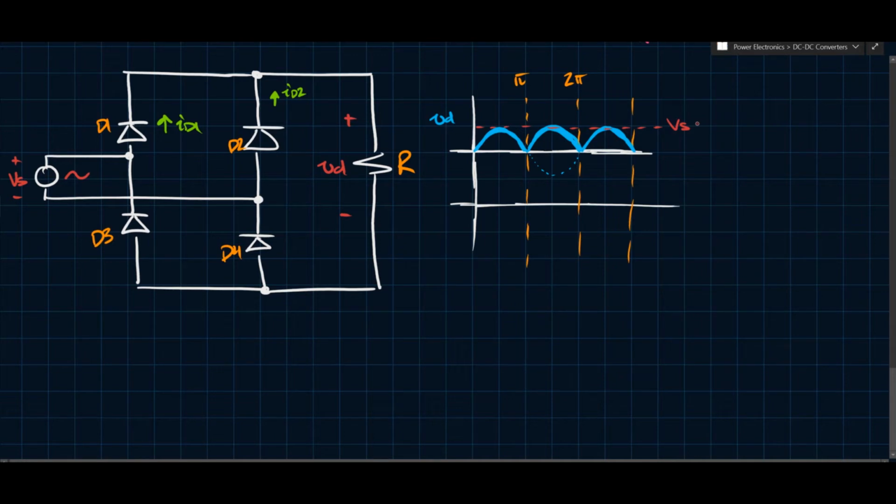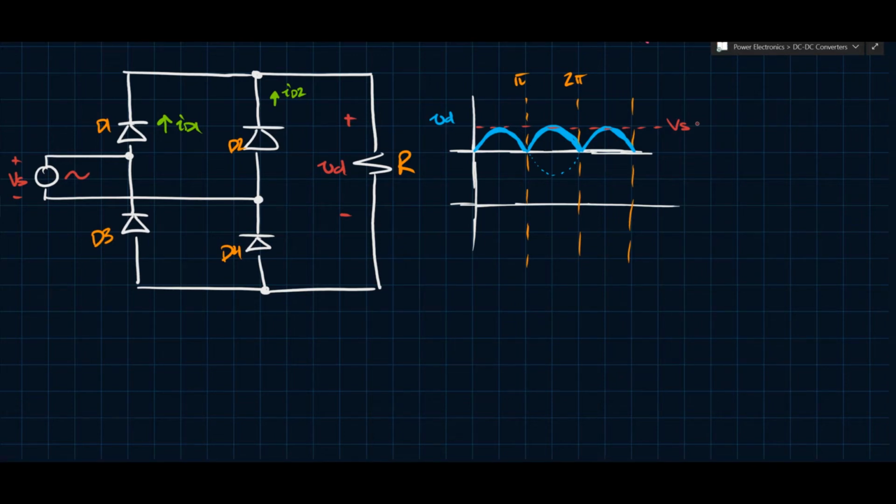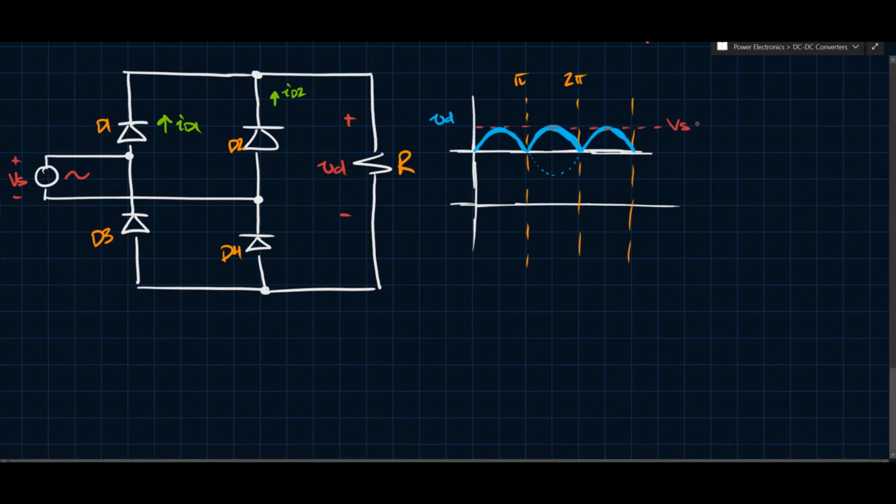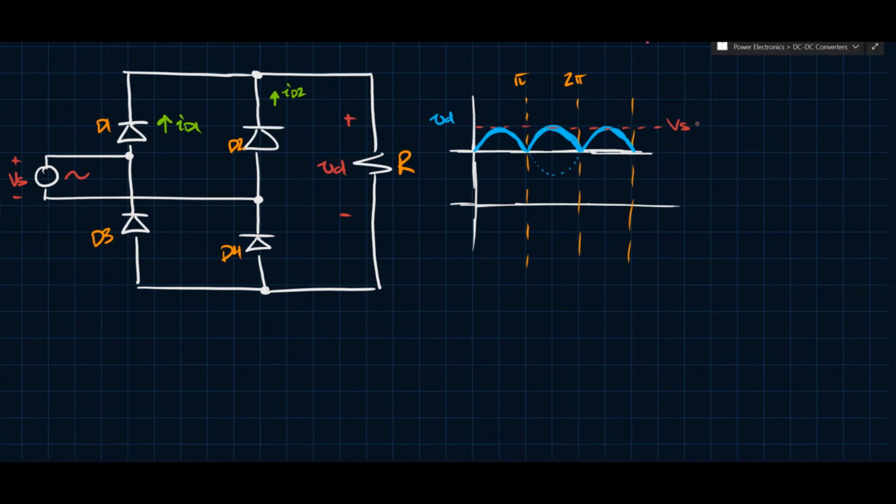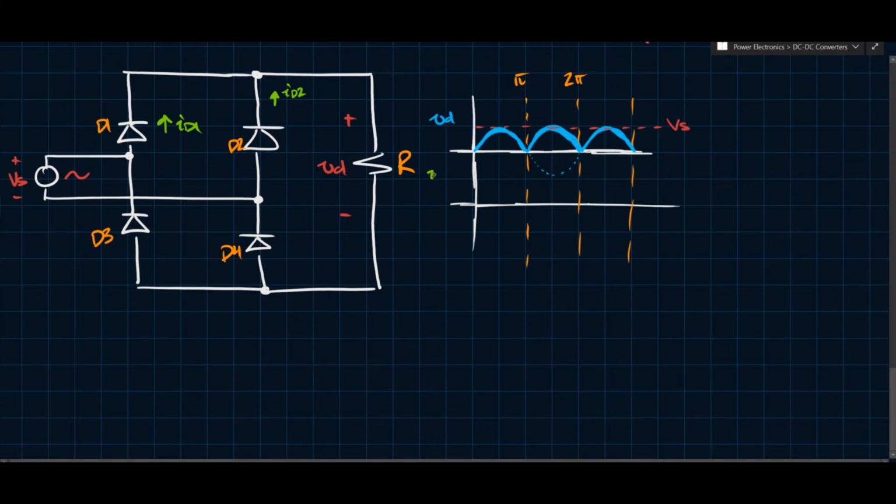Now, what happens to ID1 and what happens to ID2? So, ID1 and ID4 are going to be the same, while ID2 and ID3 are going to be the same. Okay, so ID1, let's say, ID1 is this one. And remember, D1 and D4 conduct during the positive half cycle of what would be the sine wave.